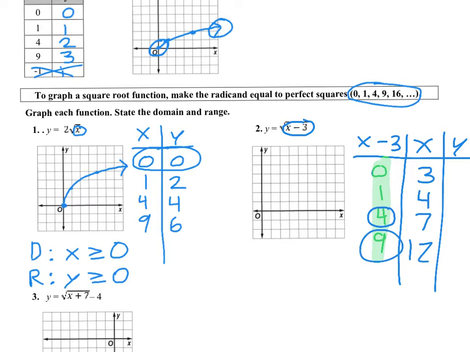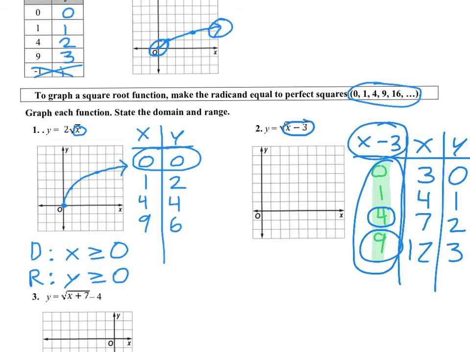Alright, so plugging in these numbers, I actually like to plug in these numbers under the radical. So the square root of 0 is 0, square root of 1 is 1, square root of 4 is 2, square root of 9 is 3. So by plugging in these numbers, I save myself a step.